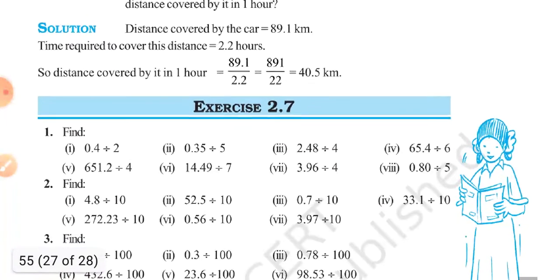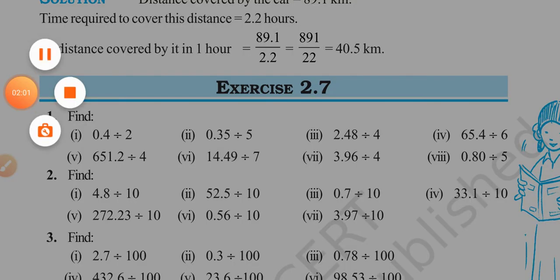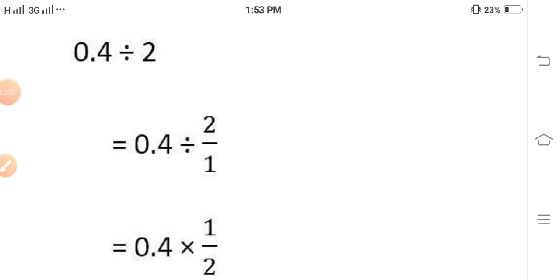Exercise 2.7 of your book. First part, find 0.4 divided by 2. We can write 2 as 2 upon 1. So it becomes 0.4 divided by 2 upon 1.